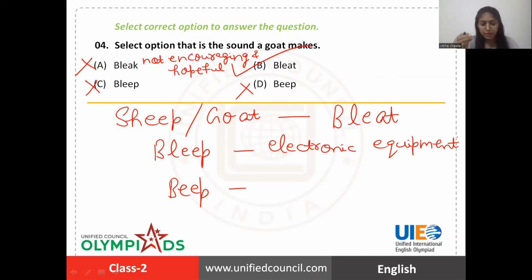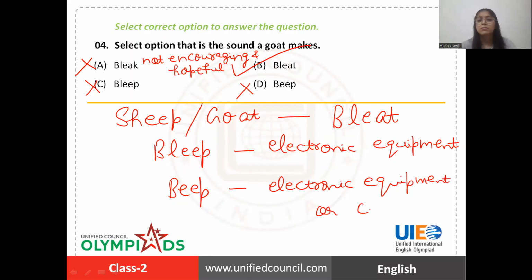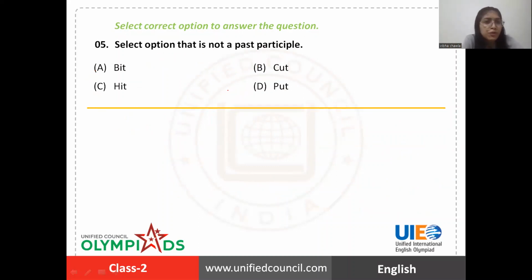Same is the case with beep. Beep is also a short, high sound. It is also produced by electronic equipment, or it can also be produced by a car horn. So that's why the right answer here is option B, which is bleat, a sound that a goat makes.